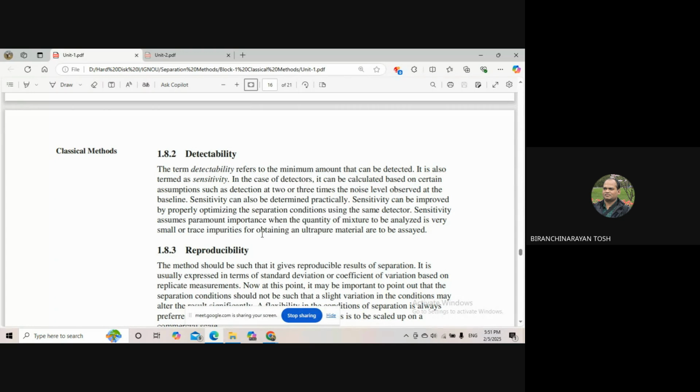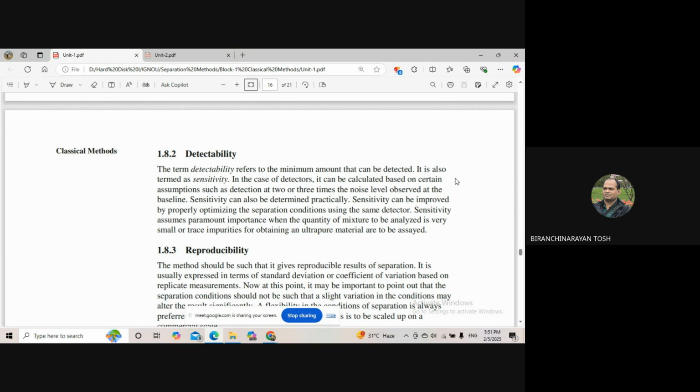Then detectability. The term detectability refers to the minimum amount that can be detected. It is also termed sensitivity. In the case of a detector, it can be calculated based on certain assumptions, such as detection at 2 or 3 times the noise level observed at the baseline. You understand this?